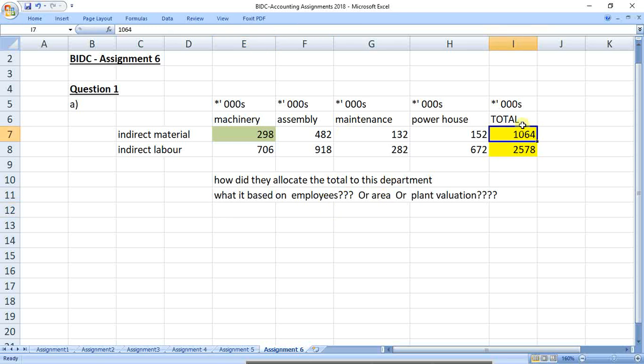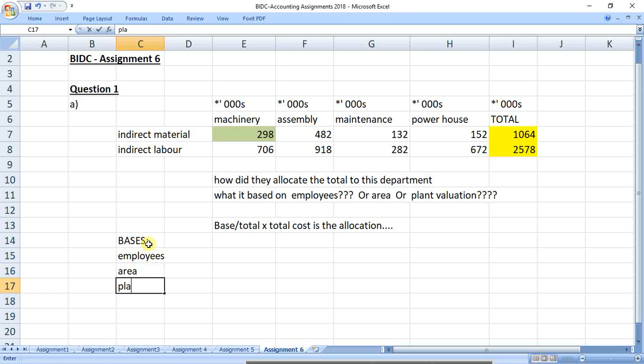Now if I'm looking at this, that's the total. So the base divided by the total times the total cost is the allocation. That's what you're doing. Let's check. What bases do we have? Base number 1 was employees, then area, then plant valuation.